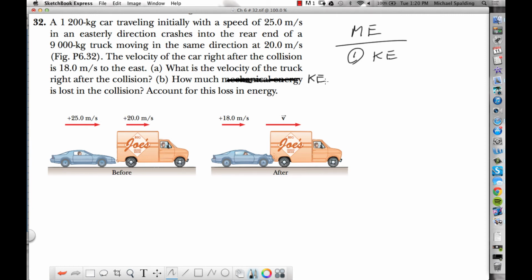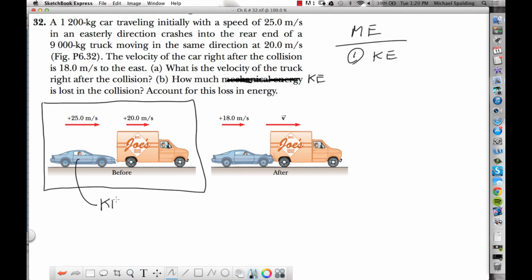To figure that out, you have to know how much you had and how much you ended with. So we need the total initial kinetic energy, which is two parts: the kinetic energy of the car before the collision, and of the truck before the collision.